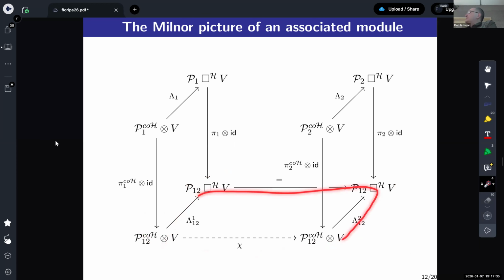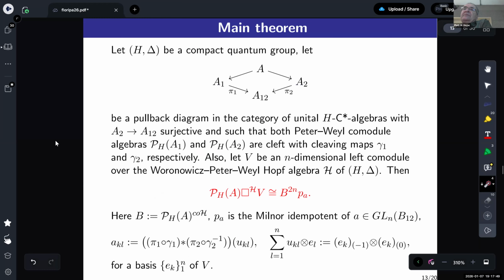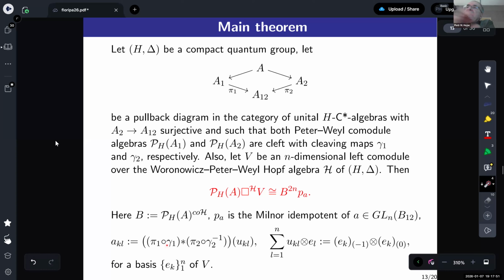This is what gives me this convolution inverse. And if I go the other way around, I'll just have chi inverse. This also shows why this matrix is naturally invertible. When I just replace the roles, here will be gamma 2, here will be gamma 1 inverse, and that's the inverse matrix. So yes, you can do it; it makes sense. But then it's exactly the opposite of this Milnor clutching matrix.